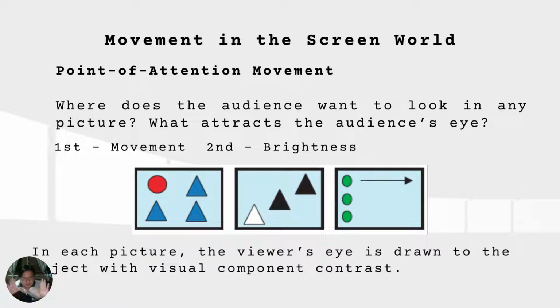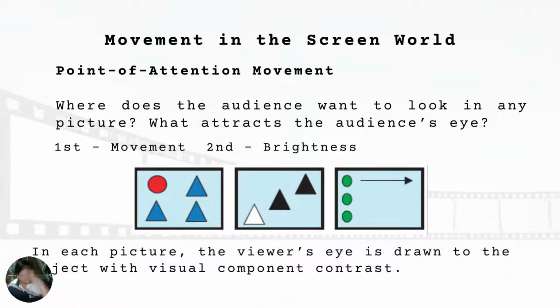If you want, for example, to guide the attention of the audience on your screen, first is movement, second is brightness. Now, if you really want to catch your audience's attention, you can combine both. So, brightness is second. If there is no movement, the viewer's point of attention will always be drawn to the brightest area of the frame.